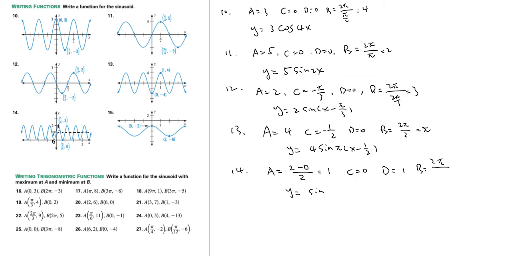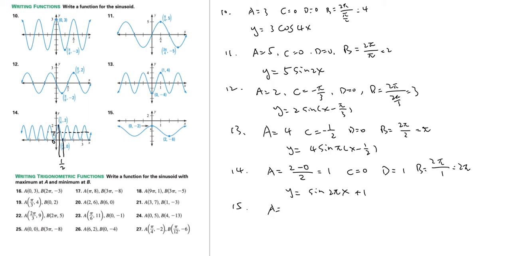From maximum to minimum is half of the period, so the period is going to be 1. So B equals 2 pi, and x, since C equals 0, that's fine, and the whole thing is going to be plus 1. You shift up by 1. Alright, question 15.